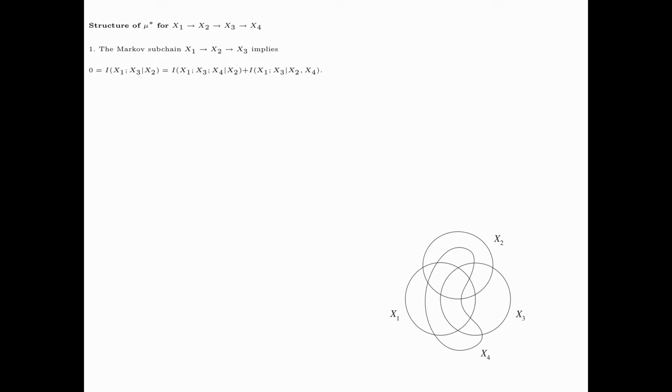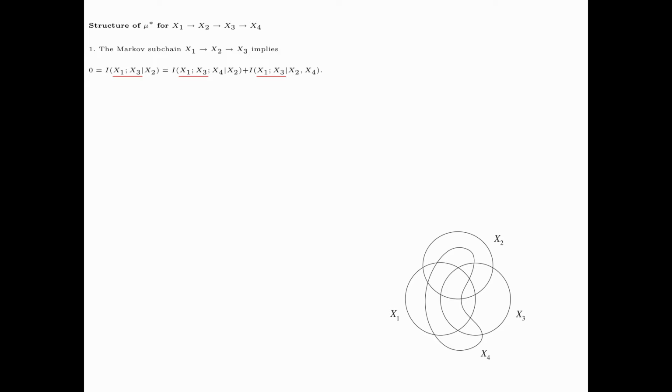Now, this mutual information can be written as a sum of two terms, the first being I(X1; X3; X4 | X2), and I(X1; X3 | X2, X4). You should try to verify this identity on an information diagram.